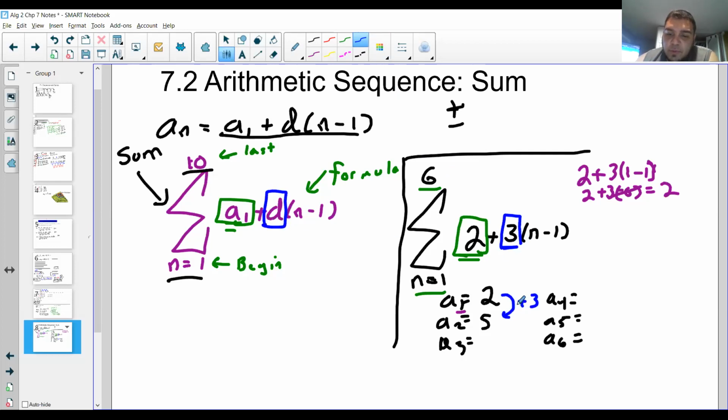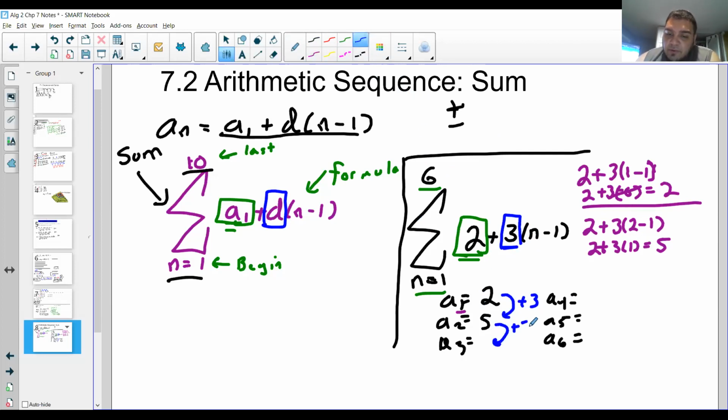So since it's a positive 3, that means I add 3. Now, let's say you're on the test and you forget about that, you could always just plug it in the long way. So 2 plus 3, I'm going to plug in 2 this time. So 2 minus 1. So that's 2 plus 3 times 1. 3 times 1 is 3. So this is 5. You'll see I still get the same result.